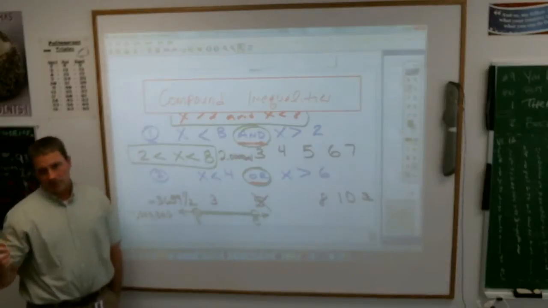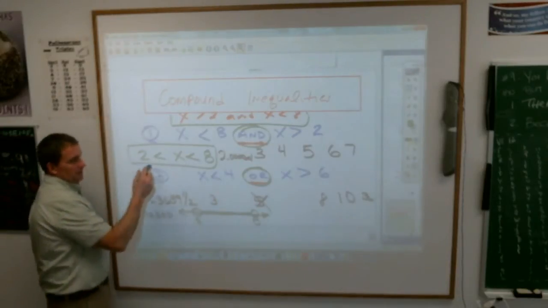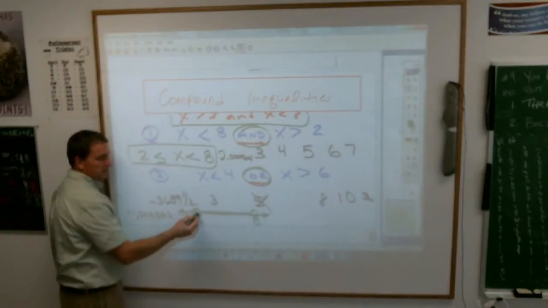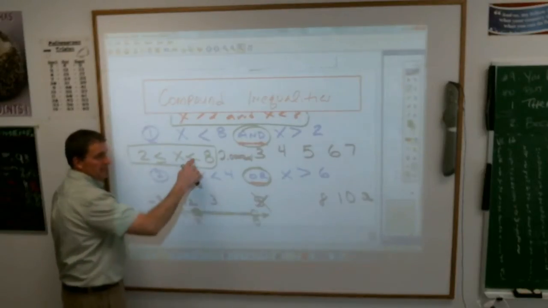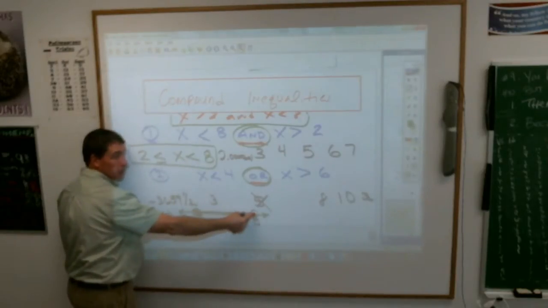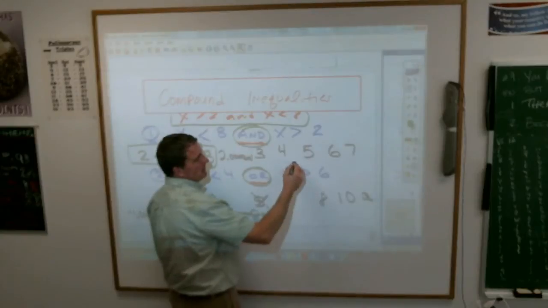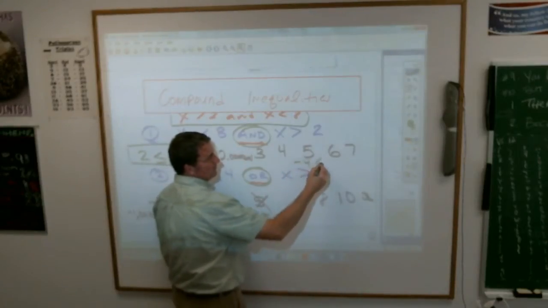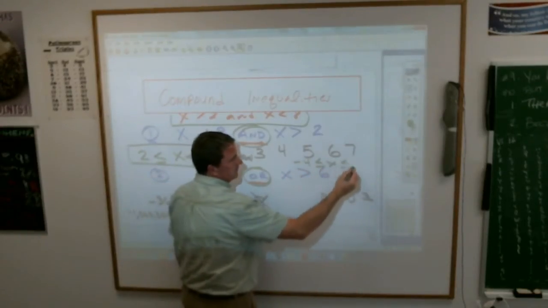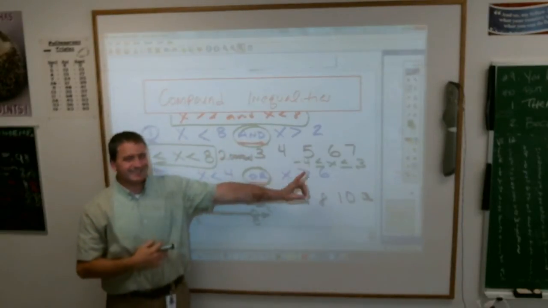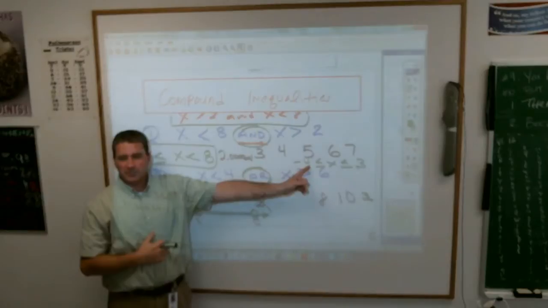The only thing you have to be careful with is this. If there's an equal sign, it's a colored in circle. If it's not an equal sign, it's an open circle. So watch how difficult an and compound inequality is. -4. If I asked you to read this compound inequality, how would you say it?